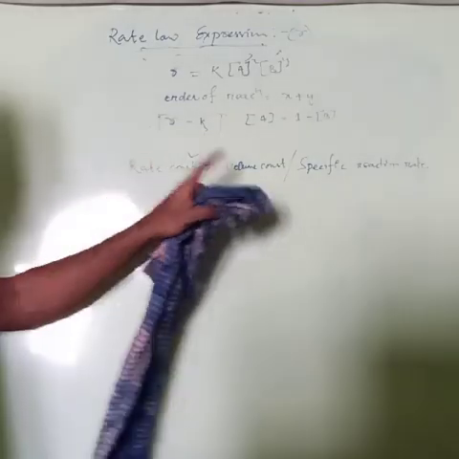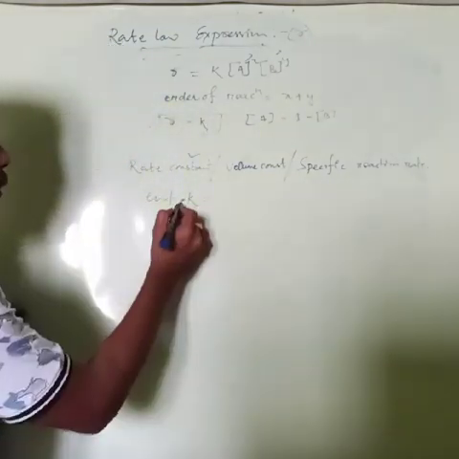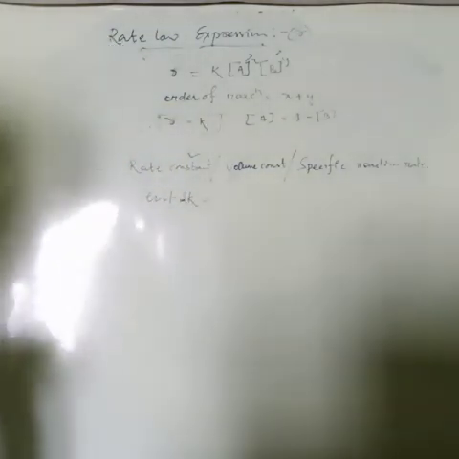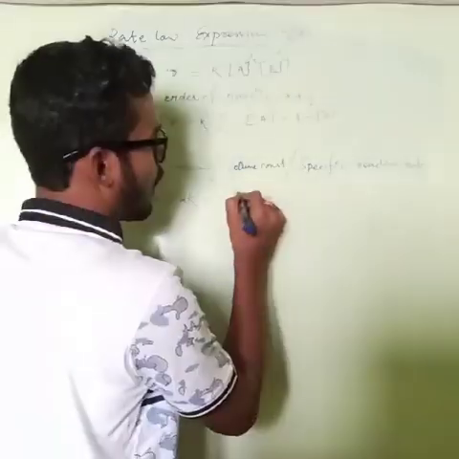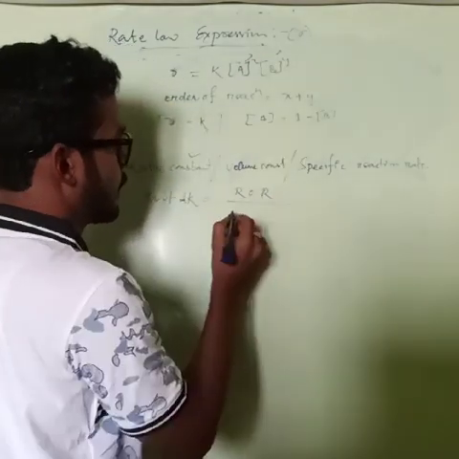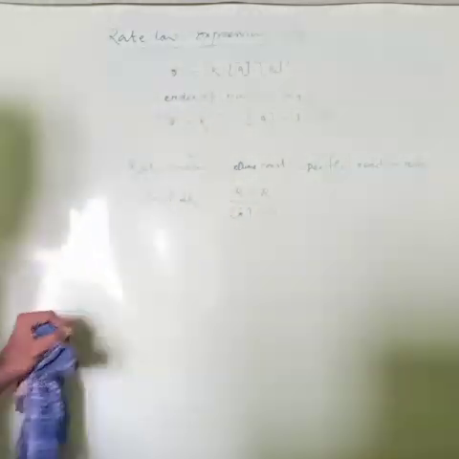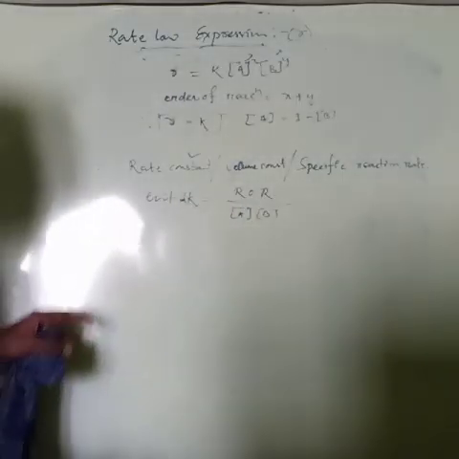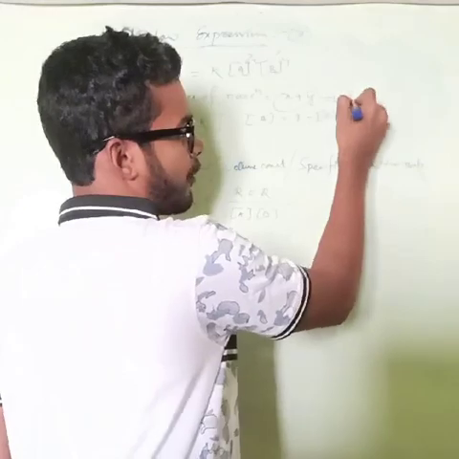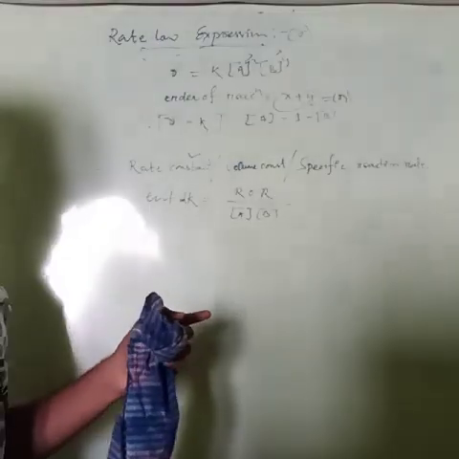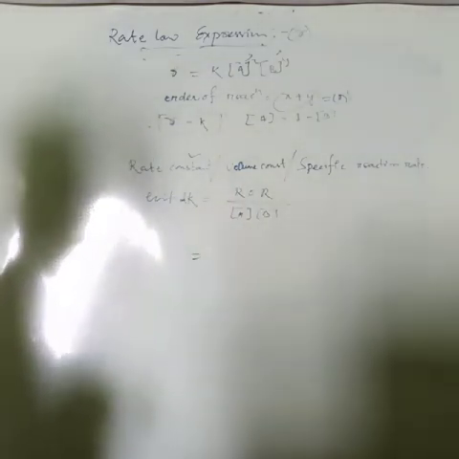Specific reaction rate. So what will be the unit of K, the rate constant? From this we can easily calculate: ROR divided by A concentration and B concentration. Yes or no? And x plus y is generally written as n, that is the order of reaction. So what is the unit of ROR, that is rate of reaction?